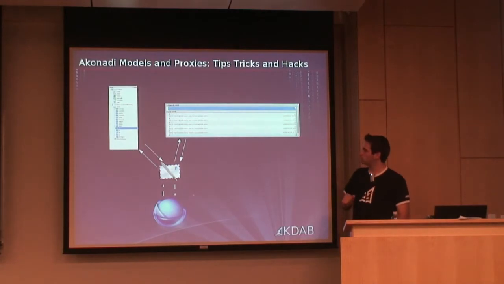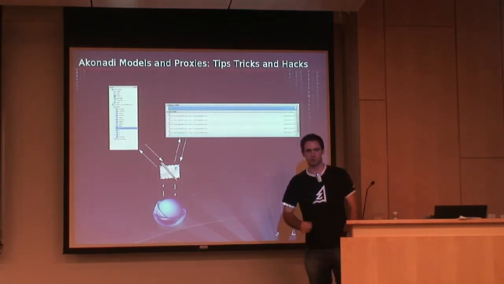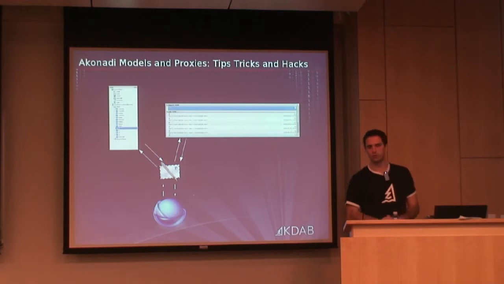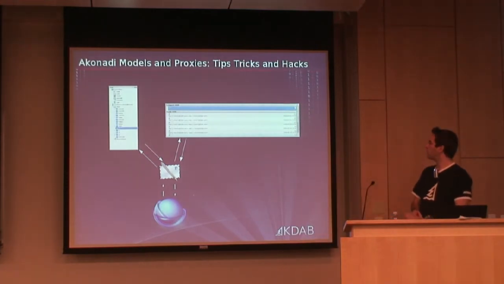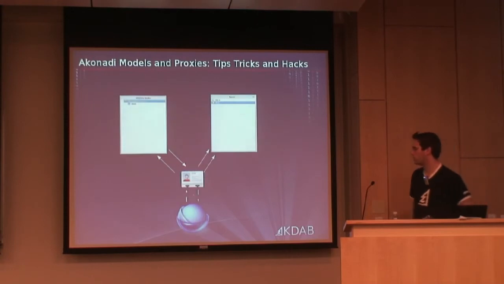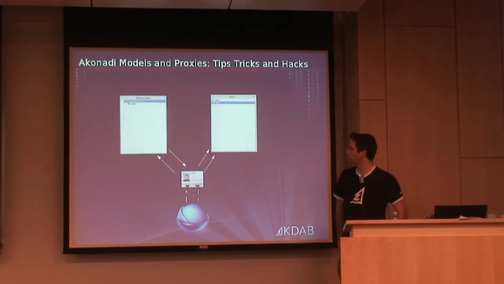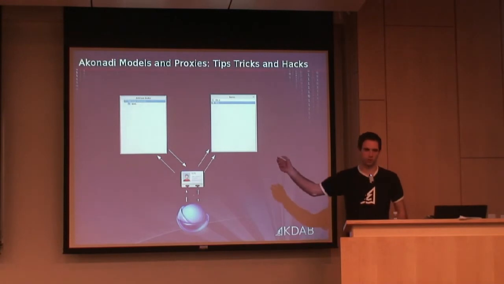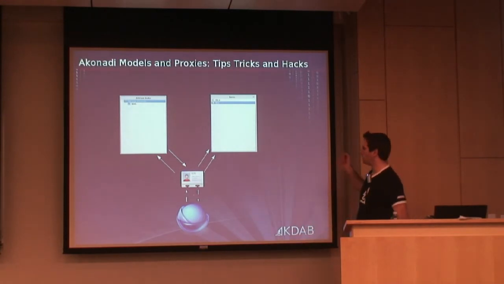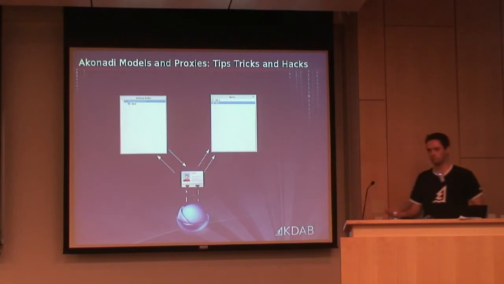So you might be familiar with these kind of things, just QTreeViews, QListViews. And similarly, in a contacts application, you again just have a model representing all of your contacts and some views for accessing different contacts.